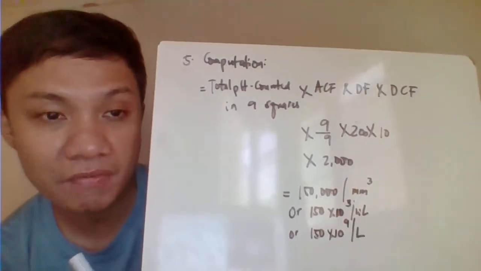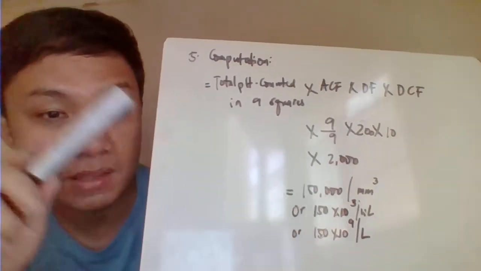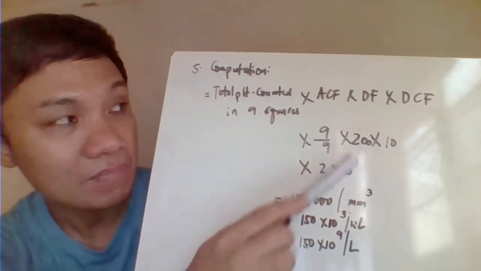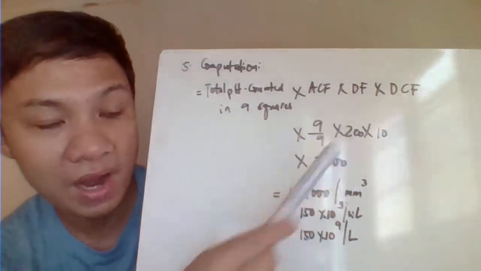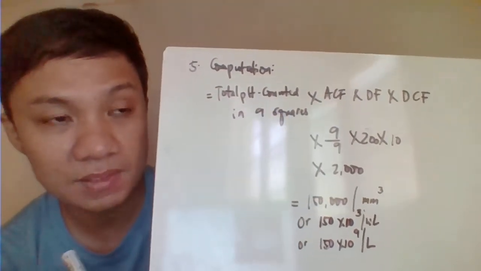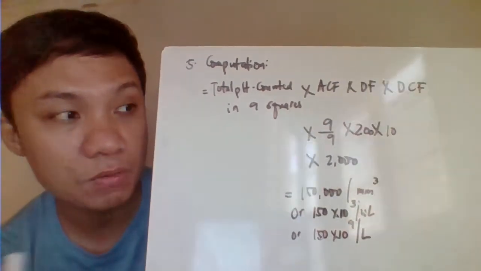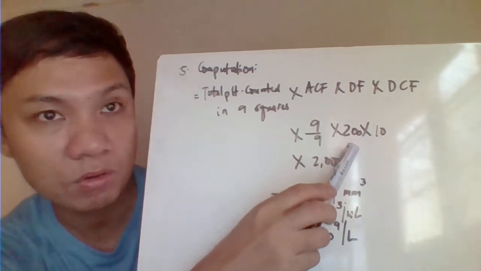Since it's 9 squares and you count the entire 9, that's 9 over 9. Your dilution factor, since we are using the RBC pipette, is 0.5 blood up to the 101 mark, which gives you a 200 dilution.